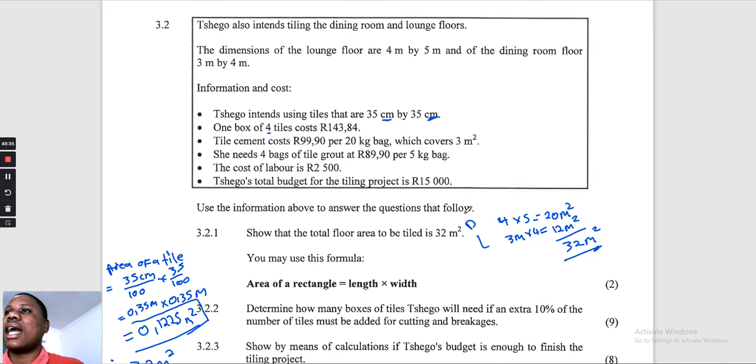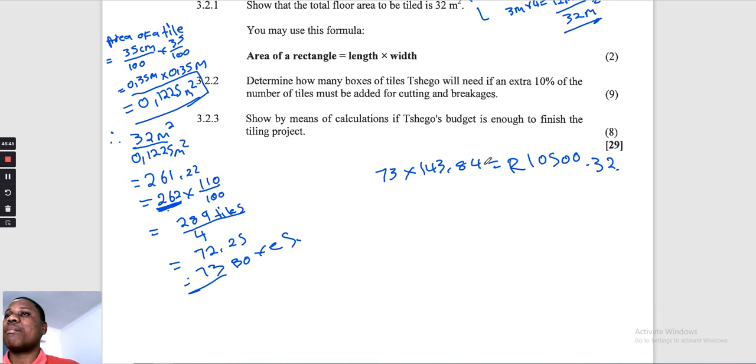In the tile cement, they say one bag covers 3 meters squared. The area to be paved is 32 meter squared. So we want to see how many times 3 meters squared goes inside the total area to be tiled.